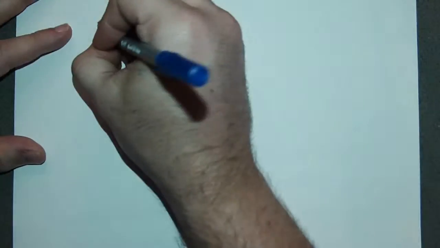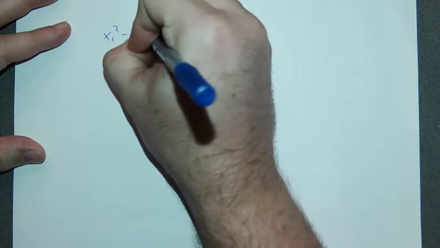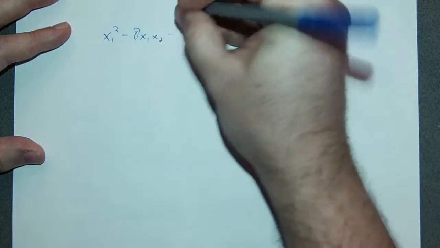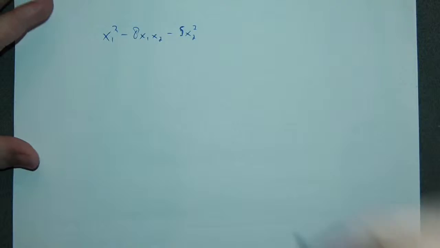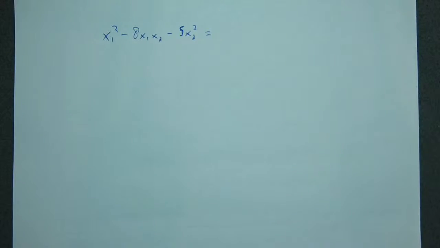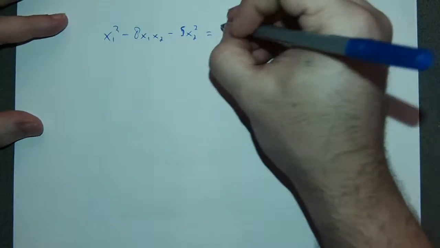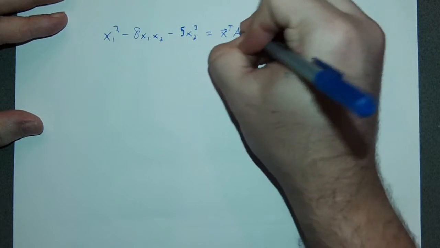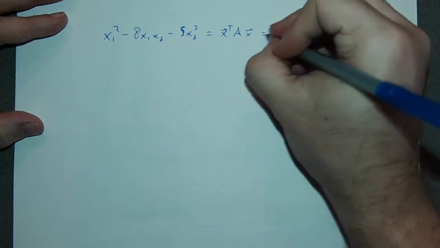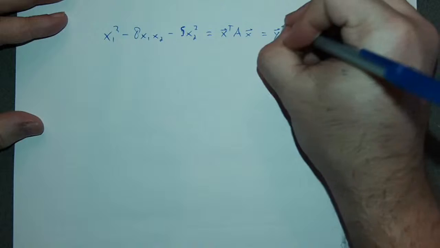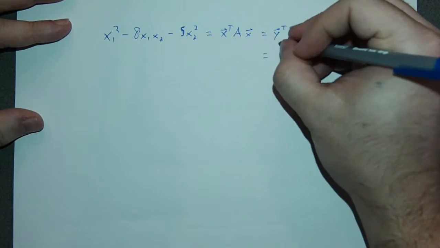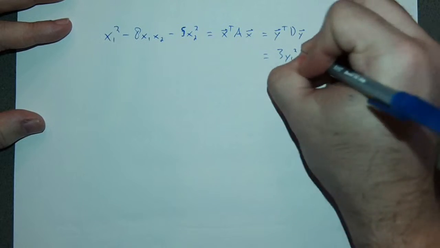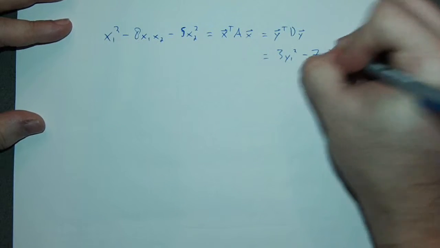The quadratic form we started with, which is x1 squared minus 8 x1 x2 minus 5 x2 squared, is x transpose Ax, but this is the same thing as y transpose Dy, which is 3 y1 squared minus 7 y2 squared.